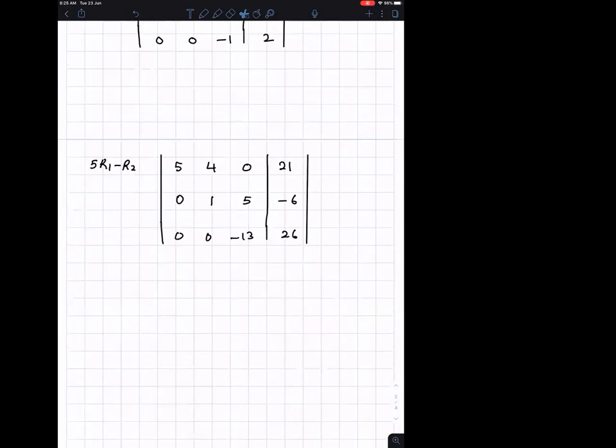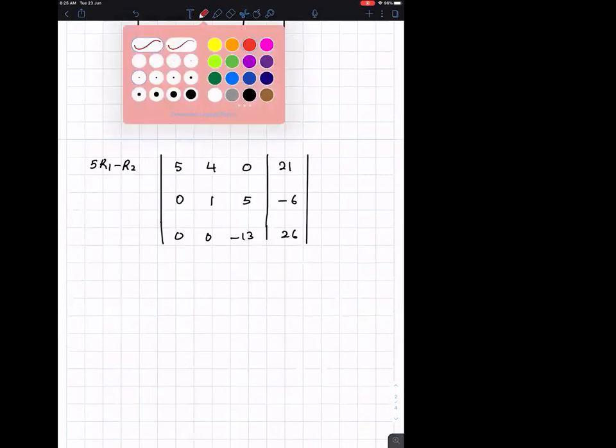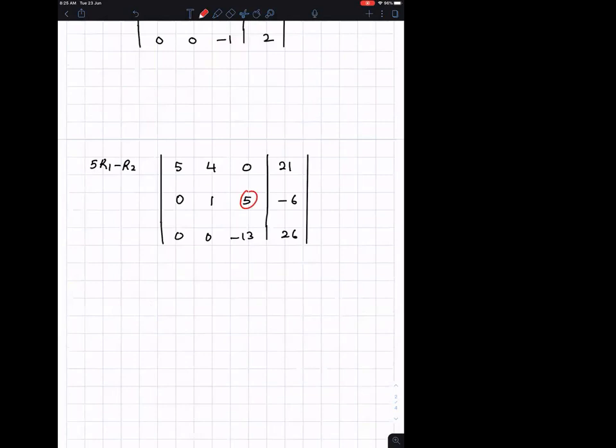The next, if I want to make this go to 0, how do I do this?